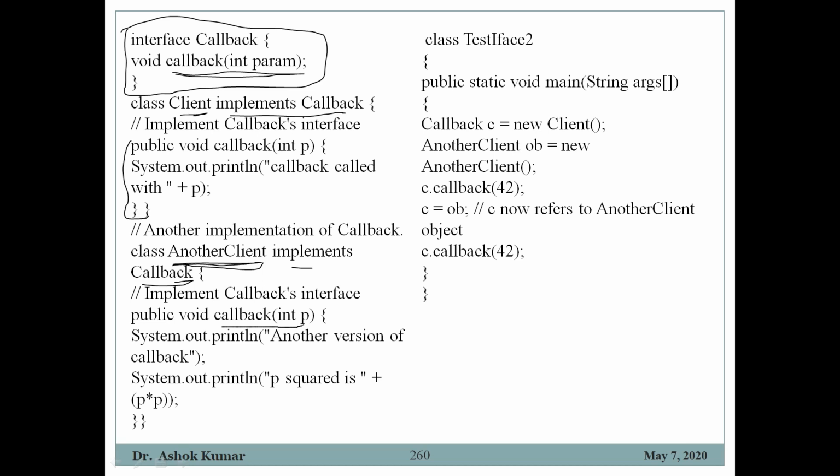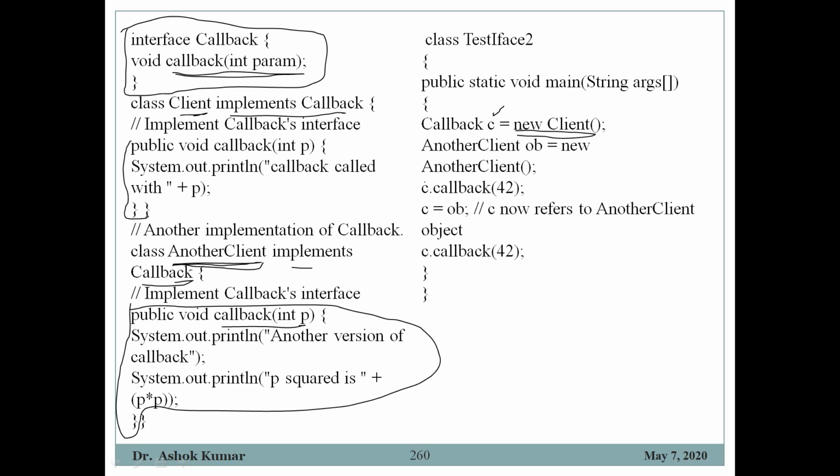This is the definition of the callback method in the second class. Then in main we are creating the object of the client class and assigning it to the reference of type callback.